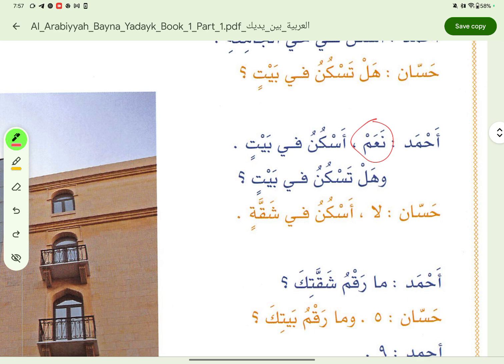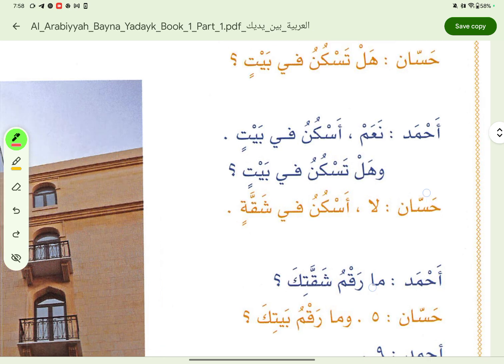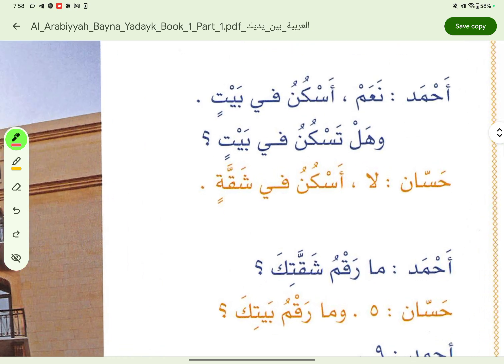We say نعم or لا. We say yes or no. هل تسكن في بيت؟ نعم أسكن في بيت. Yes, I live in a house. وهل تسكن في بيت؟ This person is asking the other person now. لا أسكن في شقة.